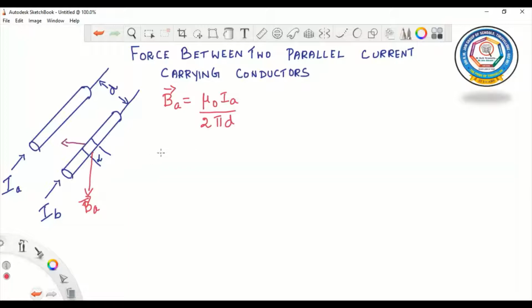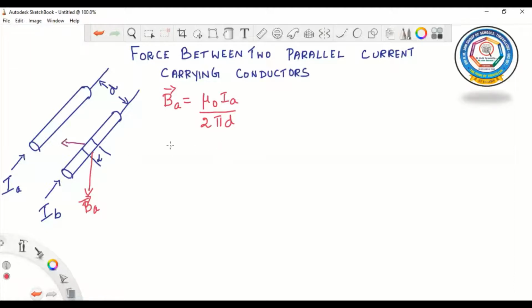Because of the current flowing through the first conductor there will be a magnetic field. The direction of that magnetic field is perpendicular to the conductor B and acts in the downward direction. So the conductor B carrying current IB will experience a force due to the field BA.